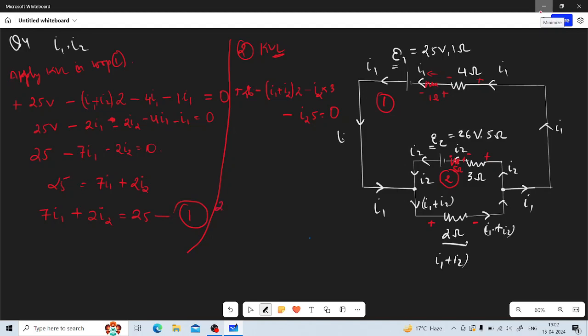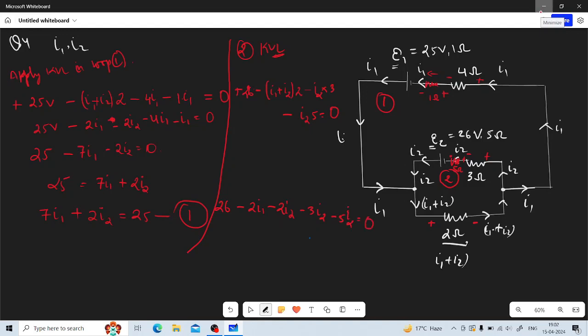Now this will be written as 26 minus 2 times I1 minus 2 times I2 minus 3 times I2 minus 5 times I2, equate that to 0.